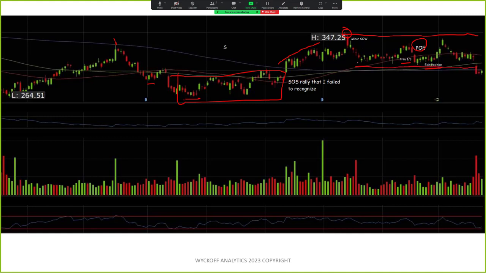So we came down into a small structure here that brought us up to really create an elongated secondary test that ended right there. So if this is the climax, the reaction, the test, we know what to expect next, and that is further testing activity, which is precisely what we got.